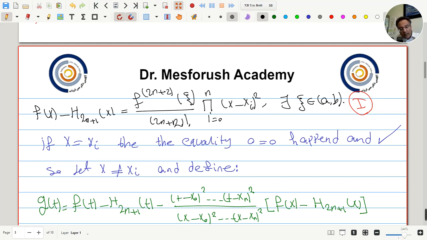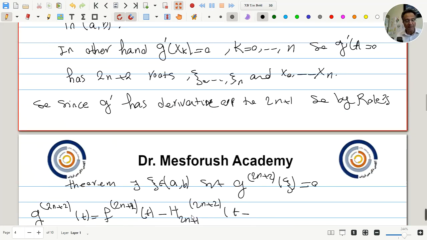So if you take the derivative of a polynomial of degree 2n plus 2, 2n plus 2 times, it just remains (2n+2) factorial in the numerator, and the denominator will be kept like before.